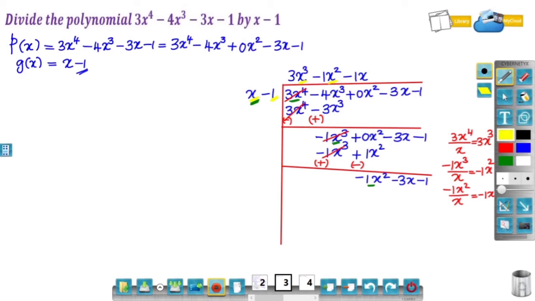Now by minus 1x you have to multiply each term of the divisor. Minus 1x into x is minus 1x square. Minus 1x into minus 1, that is plus 1x. After that, subtract.